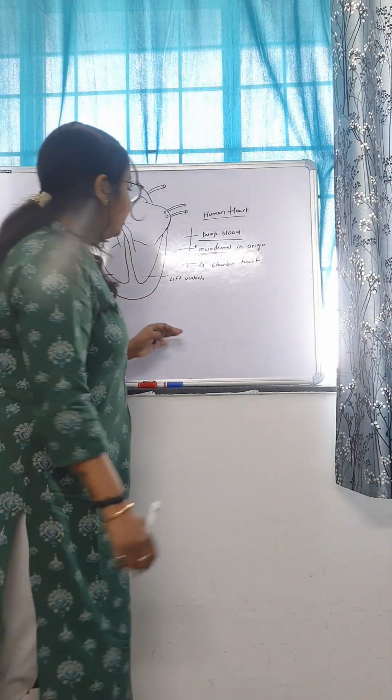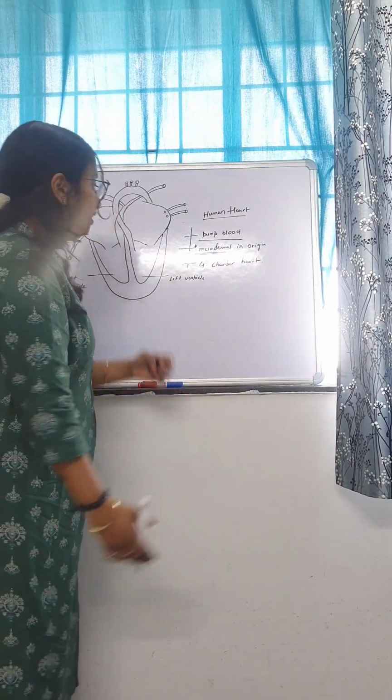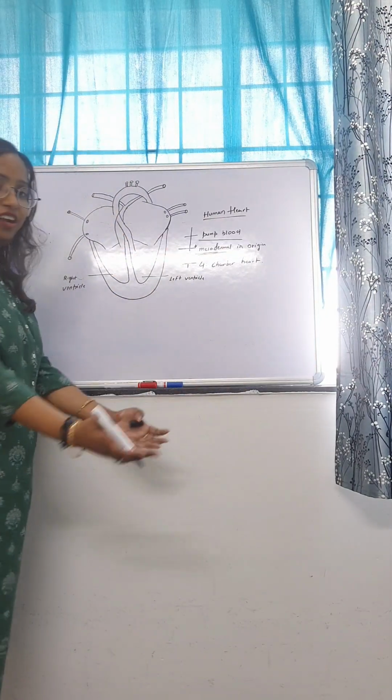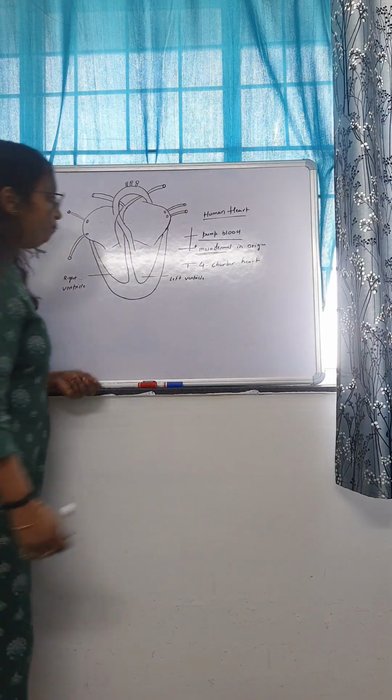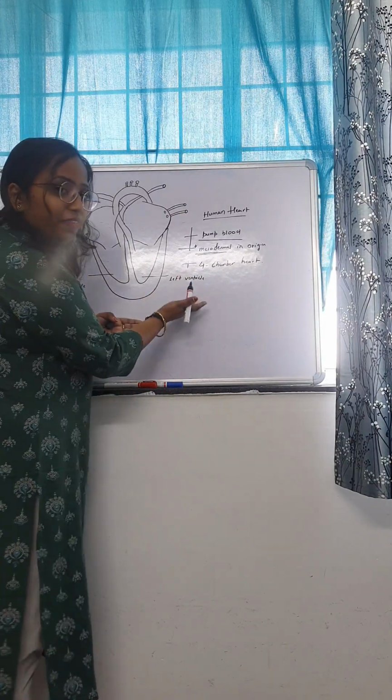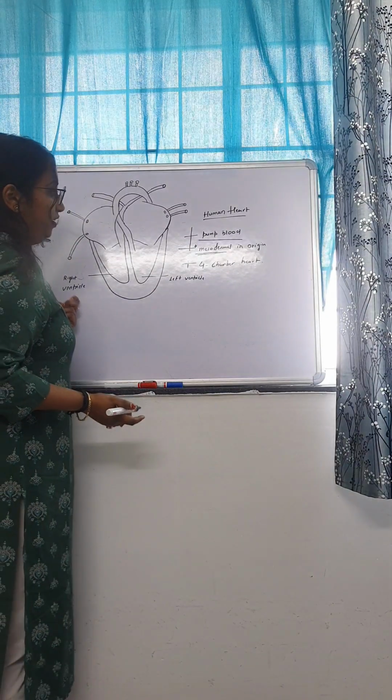Always remember, your right side is the heart's left side and your left side is the heart's right side. So this one is the left ventricle and this one is the right ventricle.